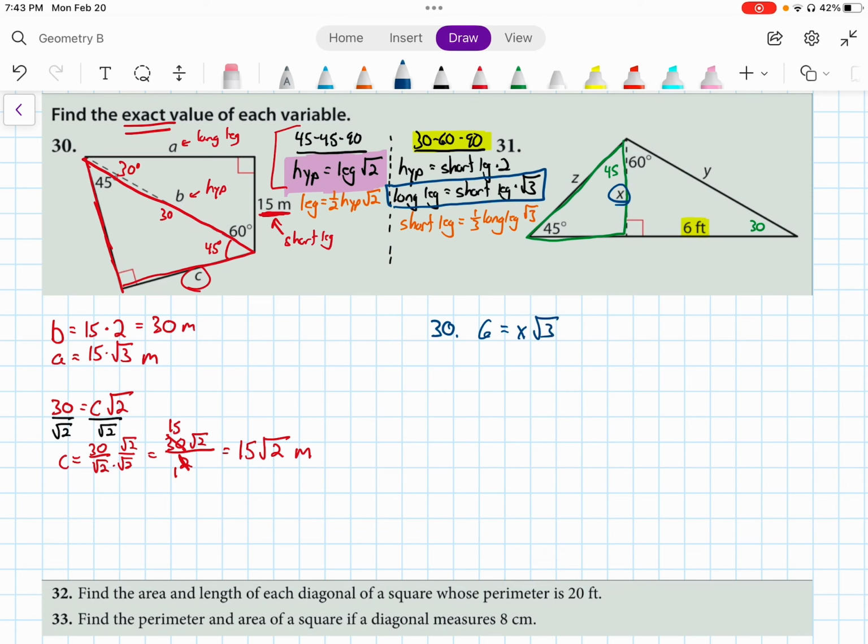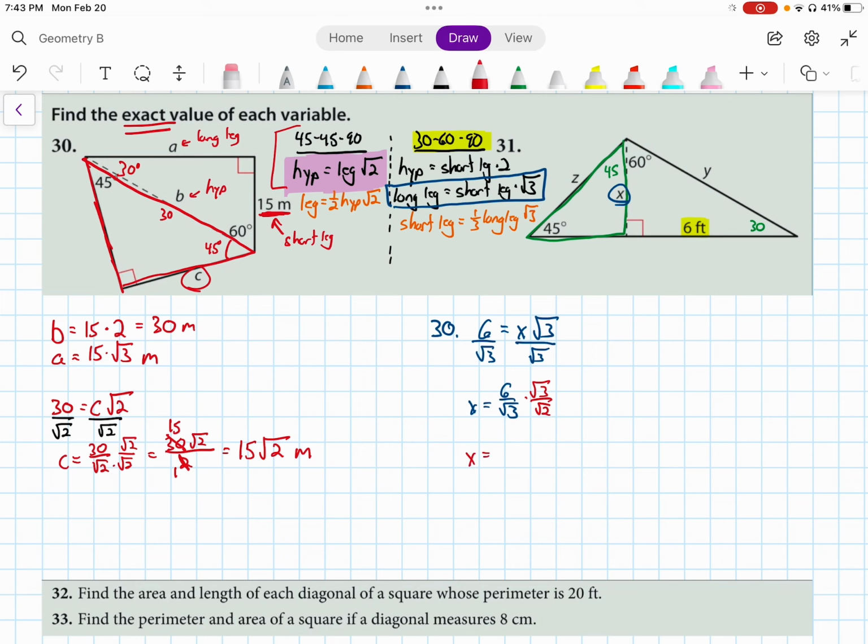Divide both sides by the square root of 3. We get x equals 6 over the square root of 3. We are not supposed to leave a radical in the denominator, so we multiply by root 3 over root 3.